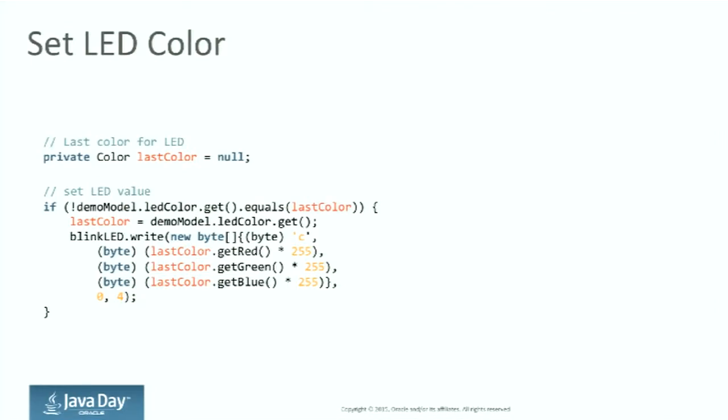It accepts simple little messages where the first piece of information is a character that tells you what command. This is very much like a function call or a method call. So here we're going to send it C for setting the color, and then I'm going to send it 3 bytes for the red, blue, and green. And then the final thing is telling it how many bytes I've sent. So that's how we set the color on the LED.